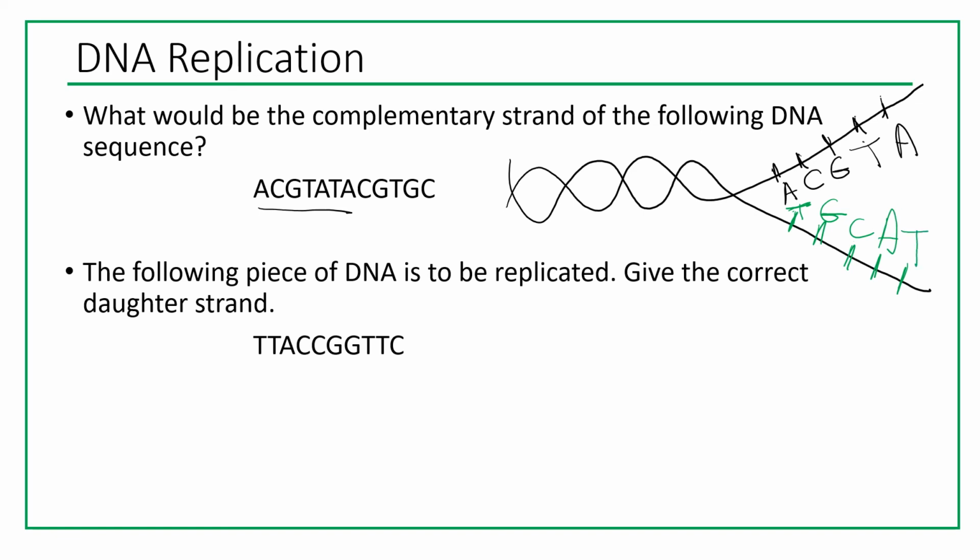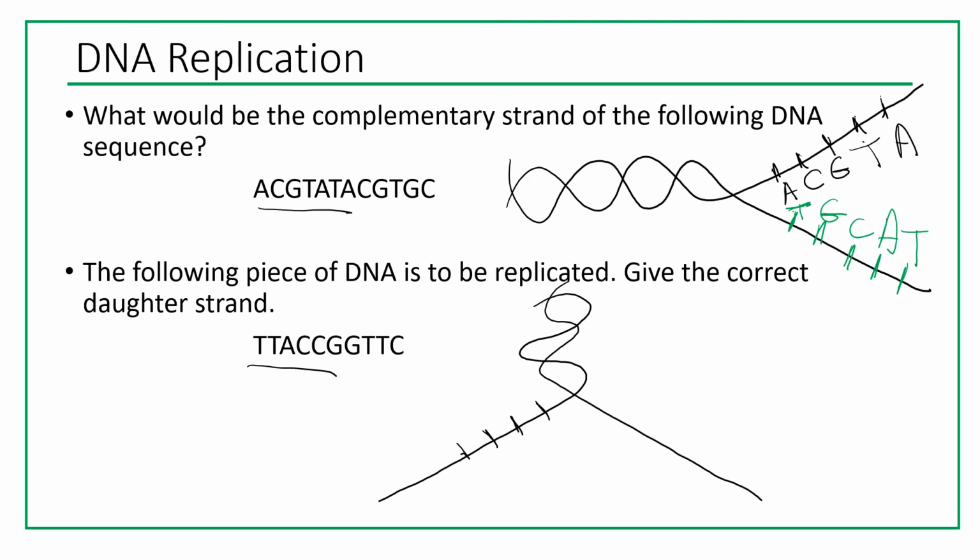And the second question asks, what would be the sequence of the replicated DNA, the daughter strand? Again, here's the DNA molecule. I'm going to unzip it like this. If one strand has this DNA sequence, and I'm just going to put T, T, A, and C, here's our daughter strand that will be synthesized based on Chargaff's rule, or the base pairing rule.